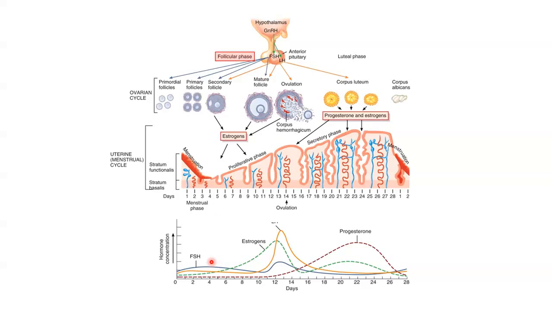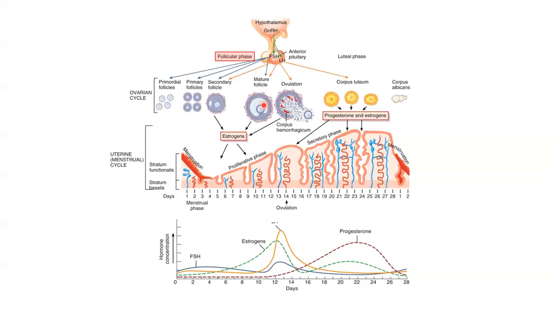Now, normally the one dominant secondary follicle becomes the mature follicle, and it continues to enlarge until it's about 20 millimeters in diameter and it's ready for ovulation. This follicle forms a bit of a blister on the surface of the ovary, and it's due to this swelling of the antrum.